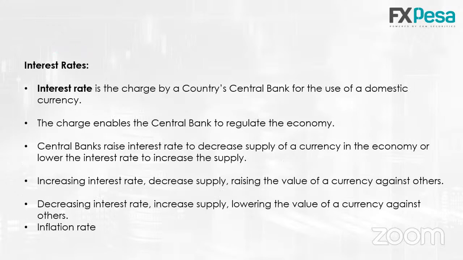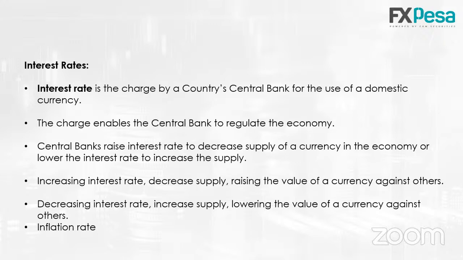So interest rate is the charge that a country's central bank makes for the use of its currency. It's the charge that enables the central bank to regulate the economy. So central banks will either raise rates to decrease the supply of a currency in the economy, or reduce the rate to increase the supply of money in an economy.